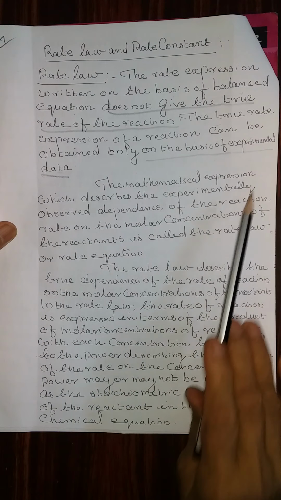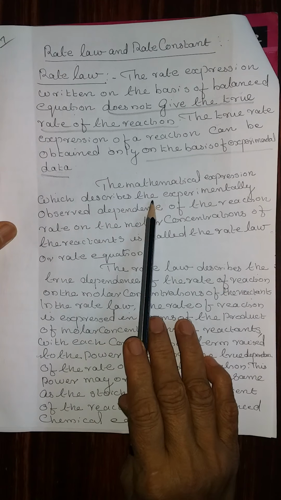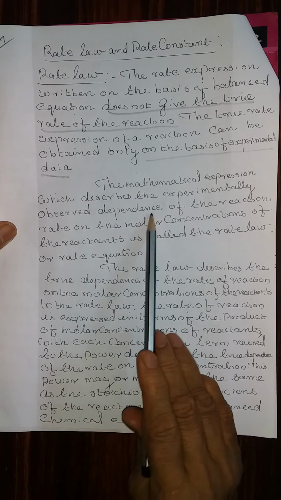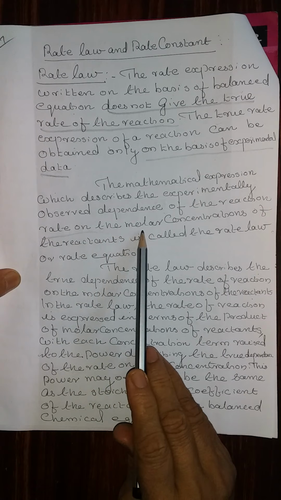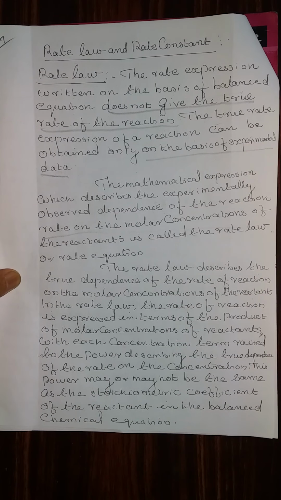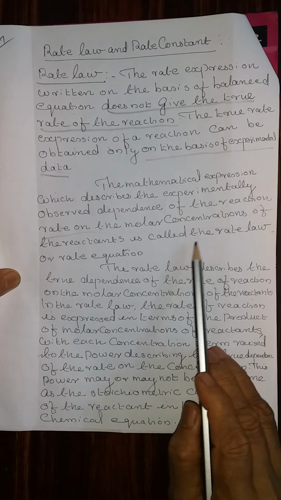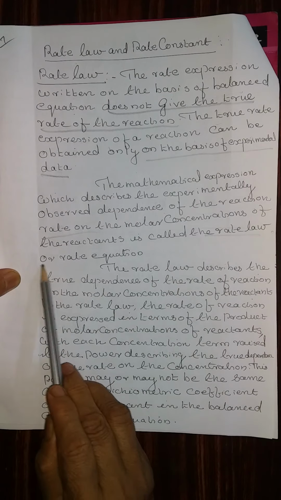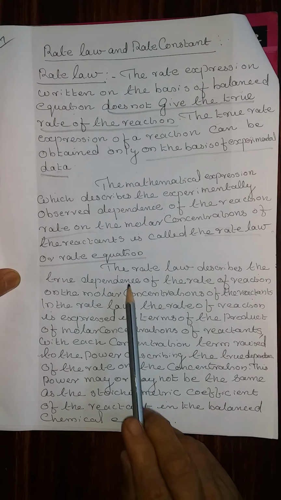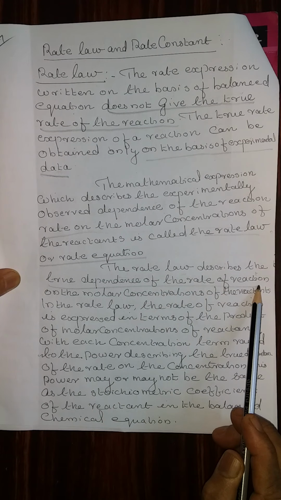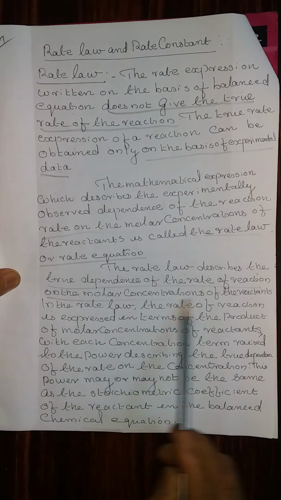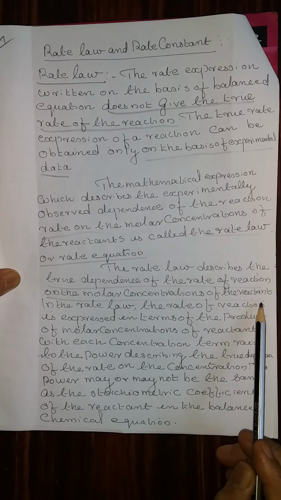The mathematical expression which describes the experimentally observed dependence of the reaction rate on the molar concentration of the reactants is called the rate law or rate equation. The rate law describes the true dependence of the rate of reaction on the molar concentration of the reactants.